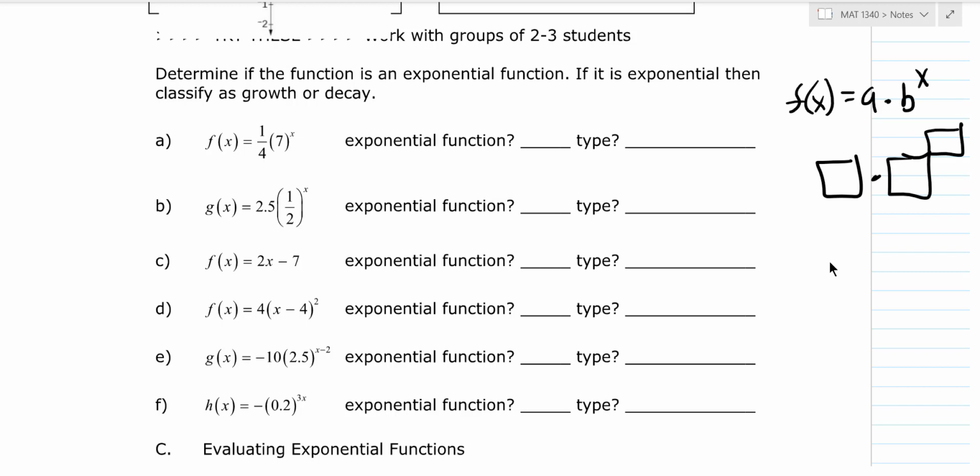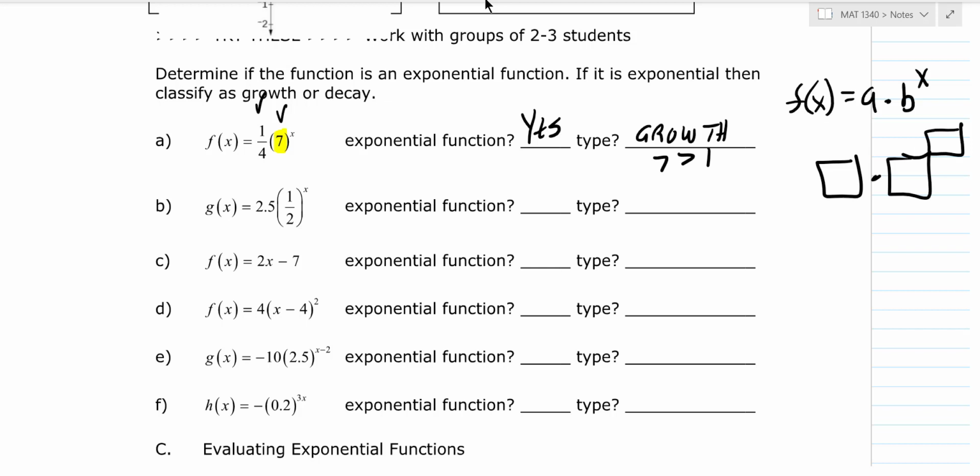This one has that same structure. A is 1/4, B is 7, so that is an exponential function. Is it growth or decay? Why is it growth? 7 is bigger than 1, exactly. So this is a growth function, and the reason is that 7 is bigger than 1. That's how you tell.